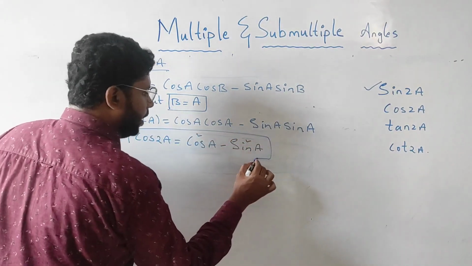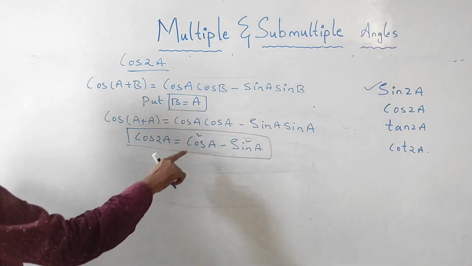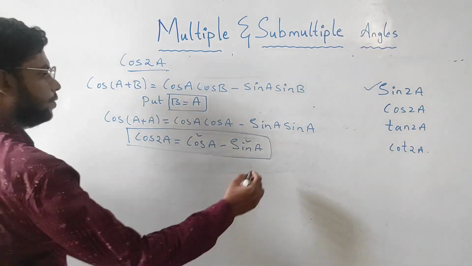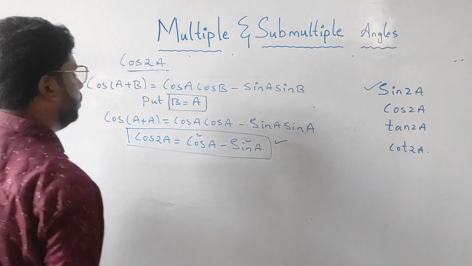What is cos 2A? Cos 2A is nothing but cos square A minus sin square A. So this is one of the formulas of cos 2A.